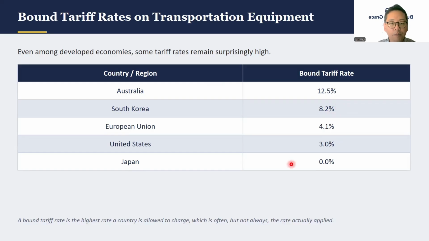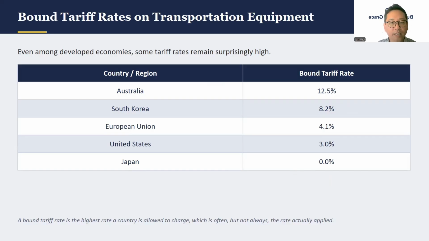Compare that to the European Union at 4.1%, the United States at only 3%, and Japan at 0%.